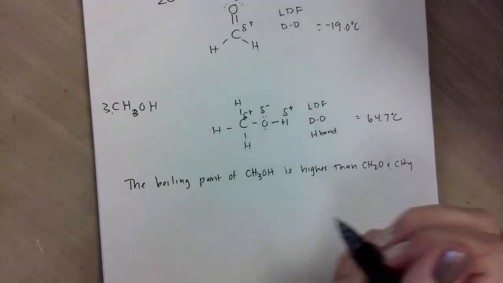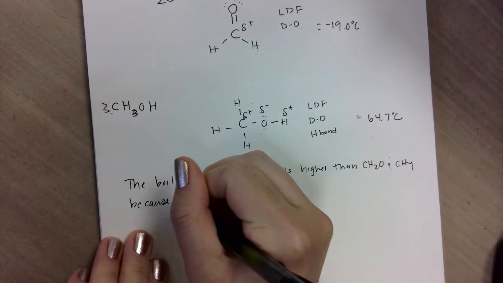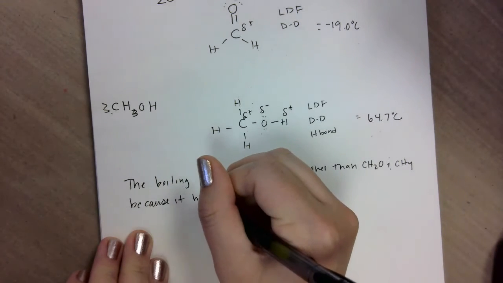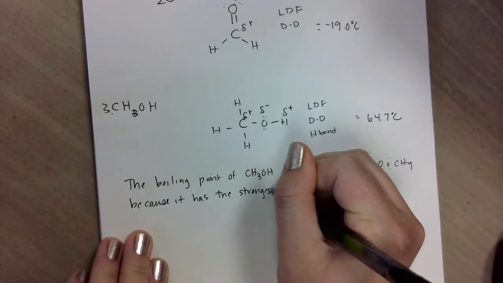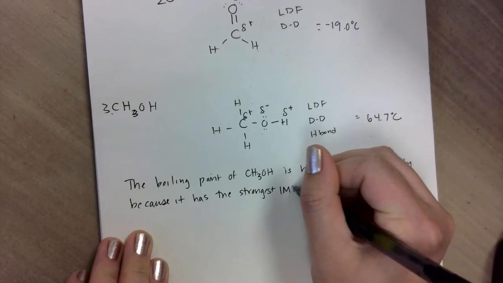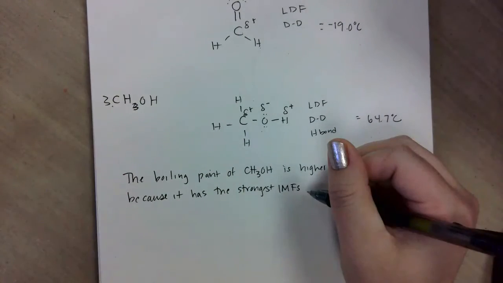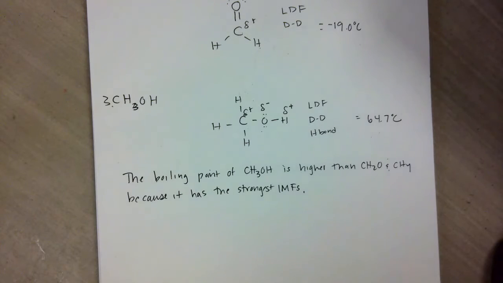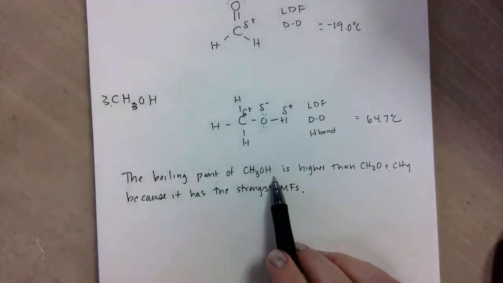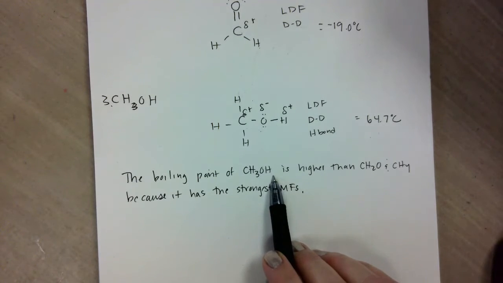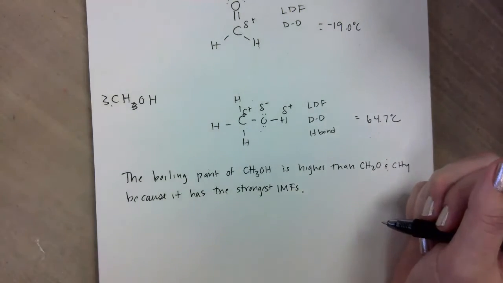So it's higher than those two because it has the strongest intermolecular forces. And I'm just going to put IMFs there because I don't feel like writing intermolecular forces. That is not enough information to earn the points on this question. So this maybe would get you a point, but probably not. So what I have to do then is explain what I'm talking about.